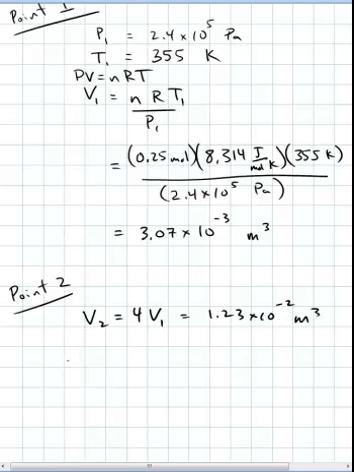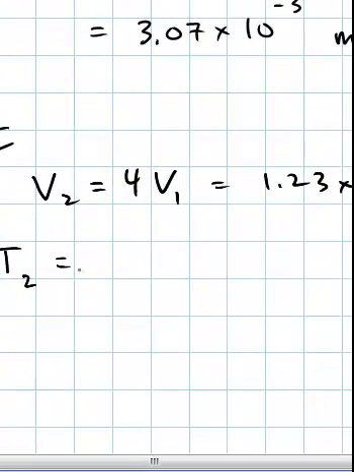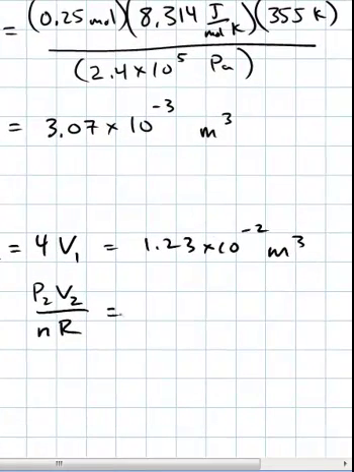Now all we have to do is solve for the temperature at 2 using PV equals nRT. So the temperature is PV over nR.